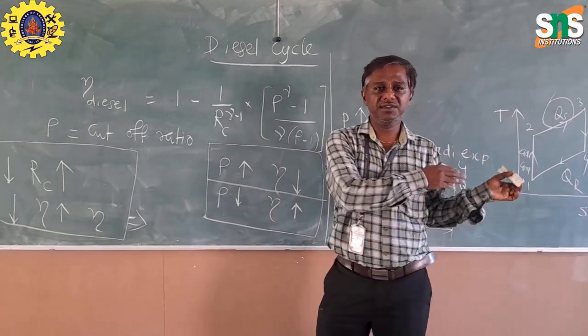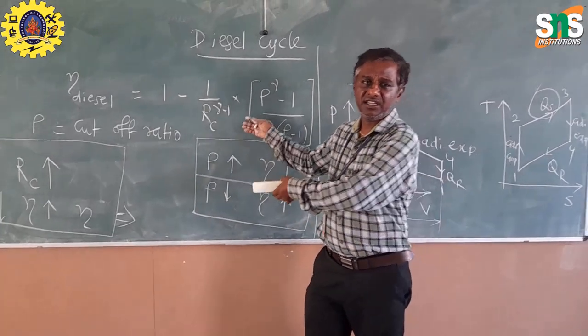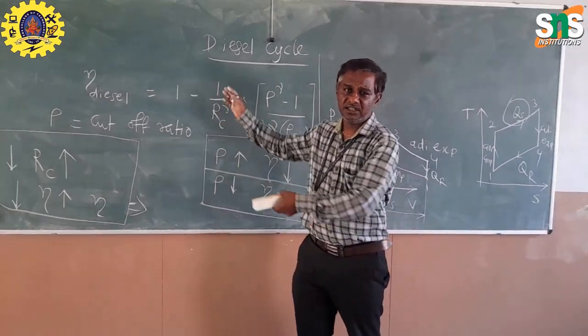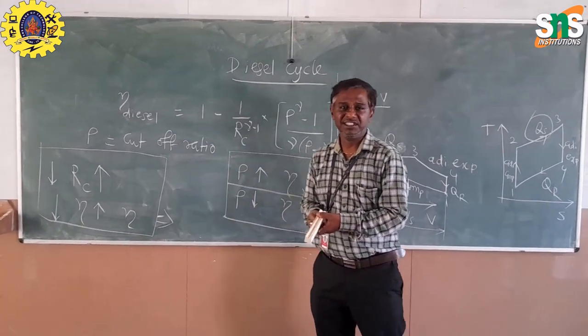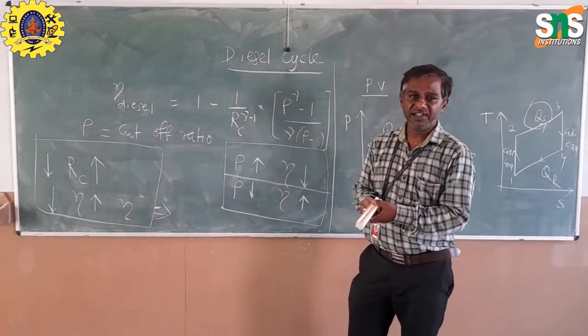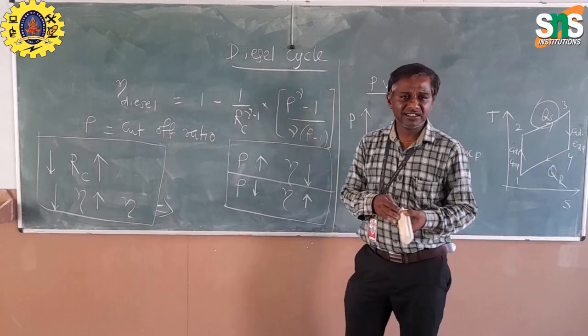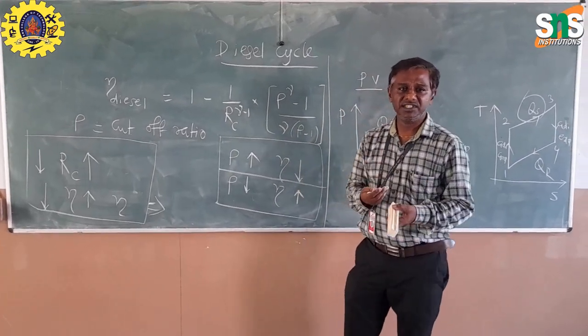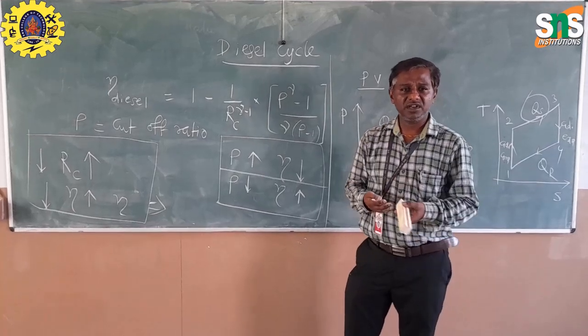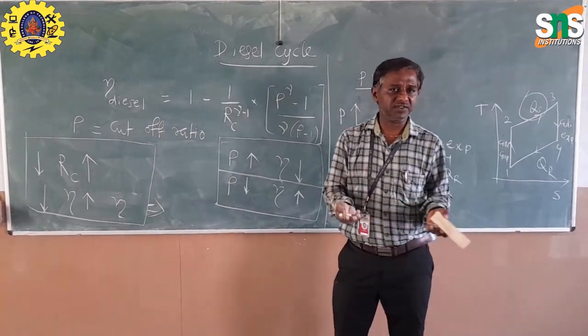It is a derivation, which I cannot give here, so I gave the final answer for the efficiency of the diesel cycle. After that, two parameters determine the efficiency of the diesel cycle: one is the compression ratio and the other is the cutoff ratio.